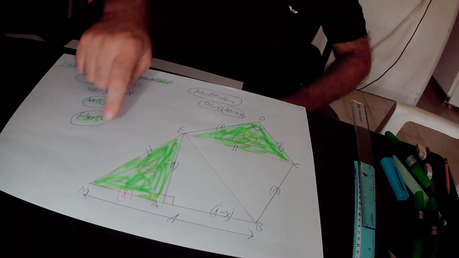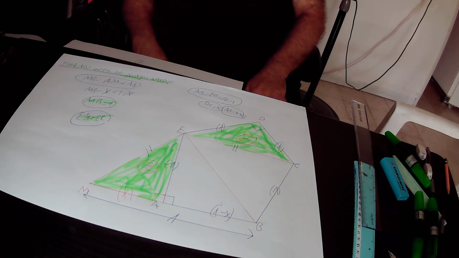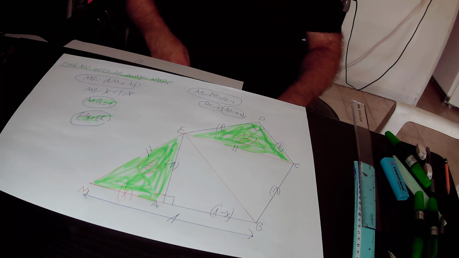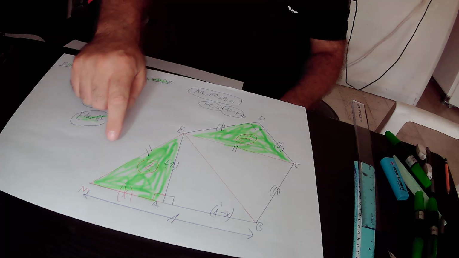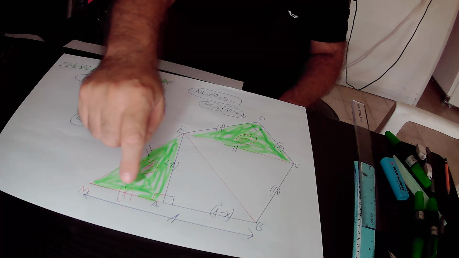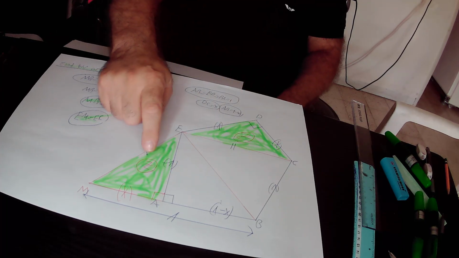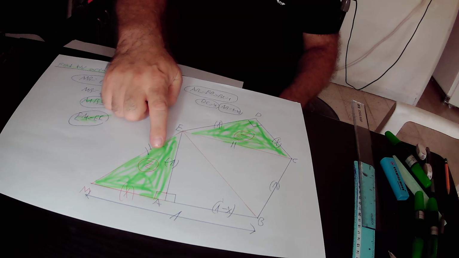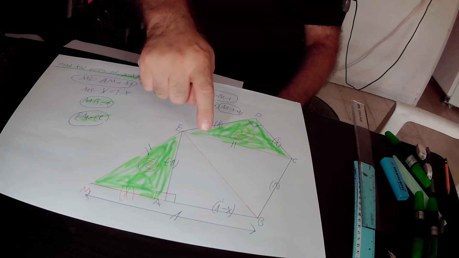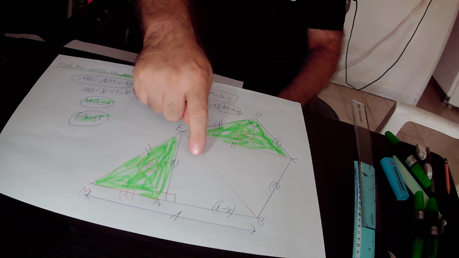The big quadrangle EMBC consists of two other shapes: this green triangle EAM and this quadrangle ABCE.